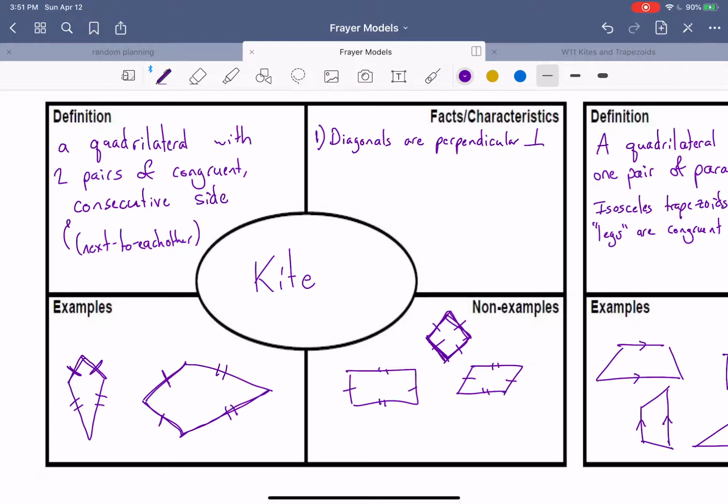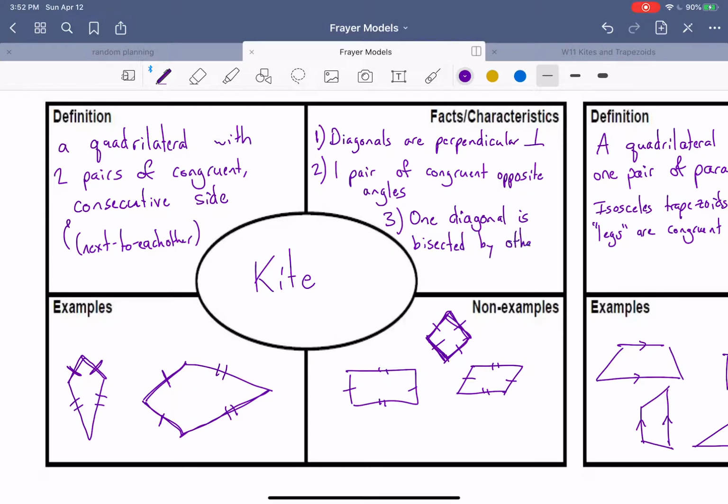A second property would be there's one pair of congruent opposite angles. I'm narrowing it down from the ones that we did from last year. And then the last one is one diagonal is bisected by the other.